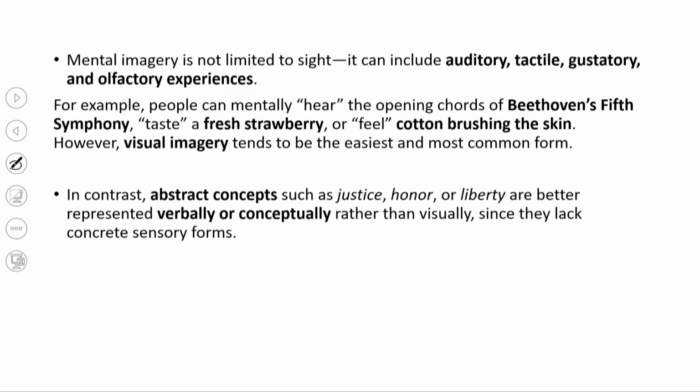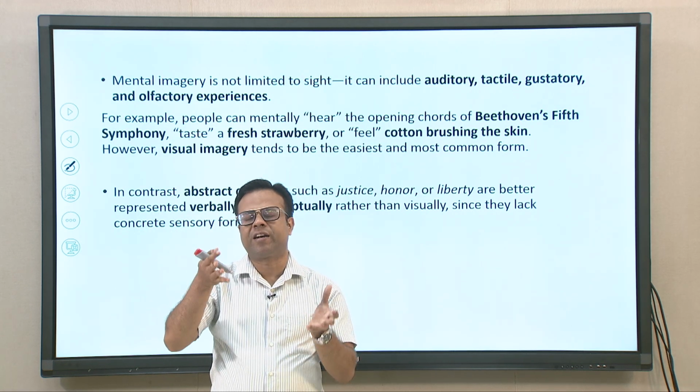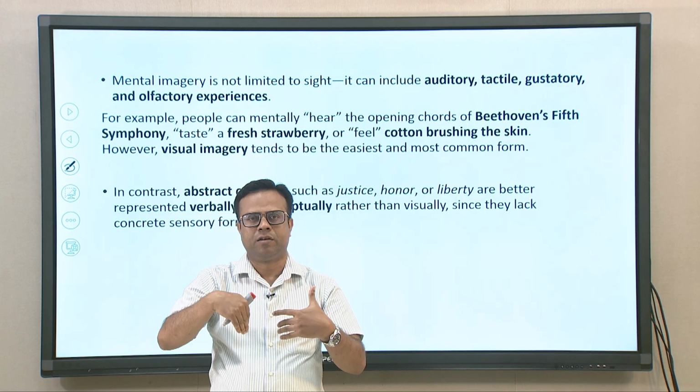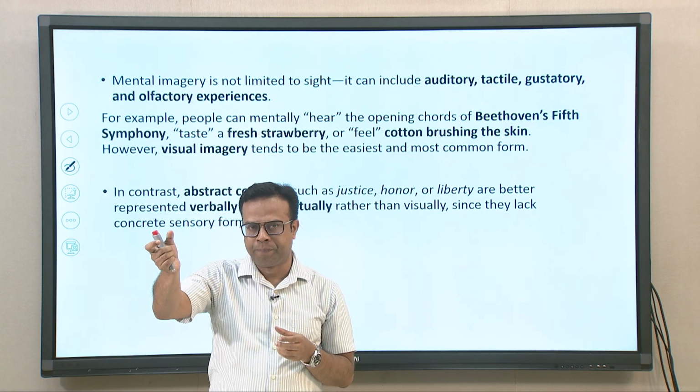So, when we talk about mental imagery, obviously the most dominant is visual images, but it is not necessarily only visual. We can have an auditory image, we can have a tactile image like touching, we can have a gustatory image, tasting, and olfactory experiences, how something smells. We can recreate in our mind the smell of certain objects. Okay?